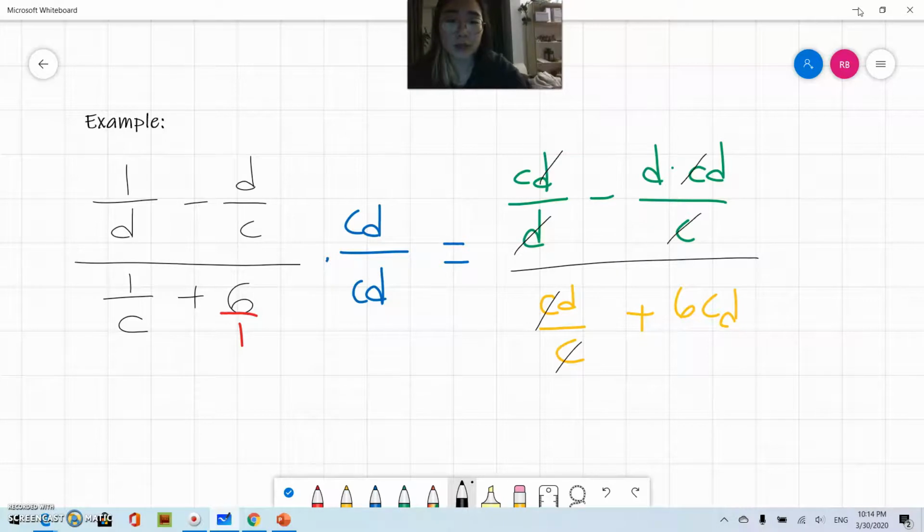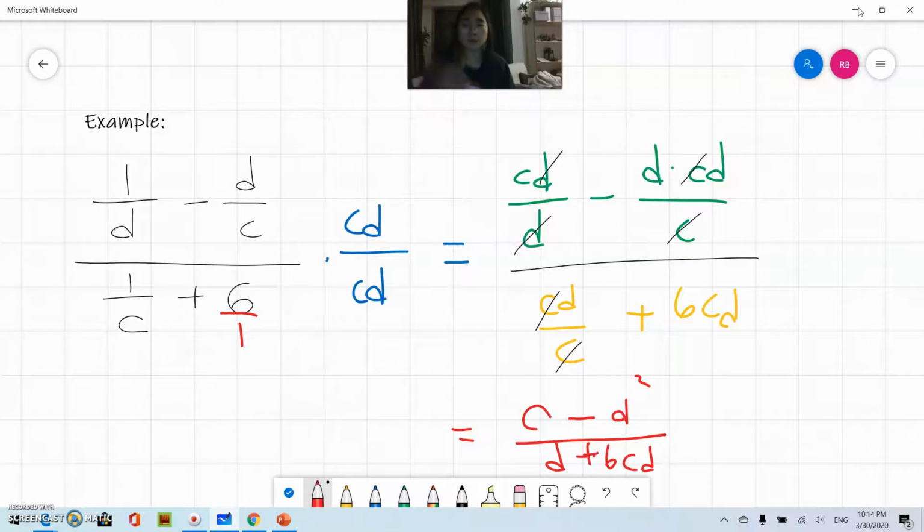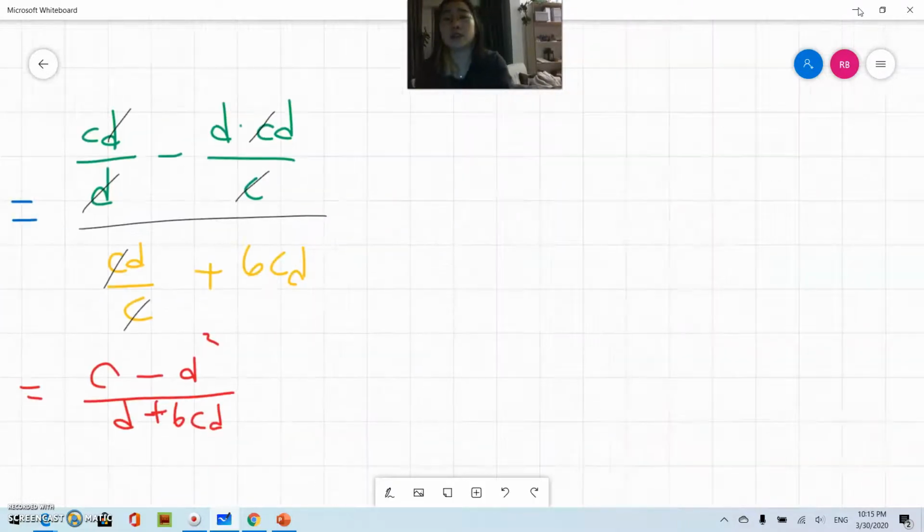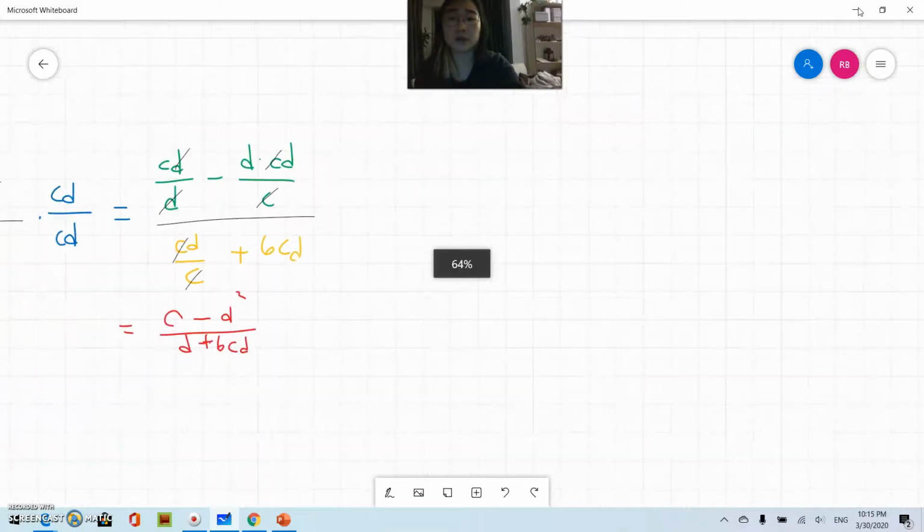So my answer ends up being C minus D squared on top and D plus 6CD. Okay? And even if you didn't do the green and yellow step that I did, if you can do everything in your head, then you can go straight to the red answer. It just depends on how good your mental math is.